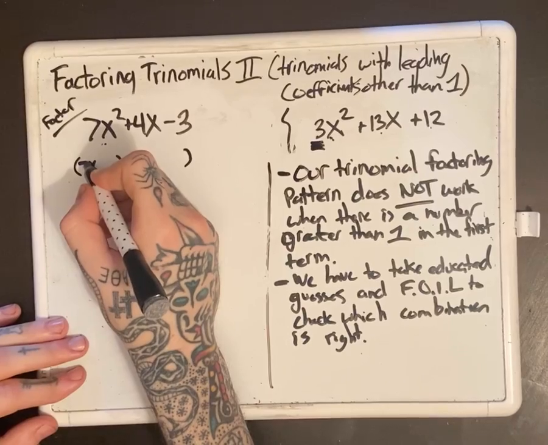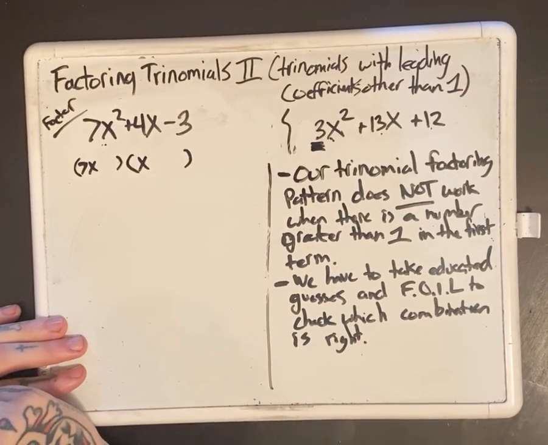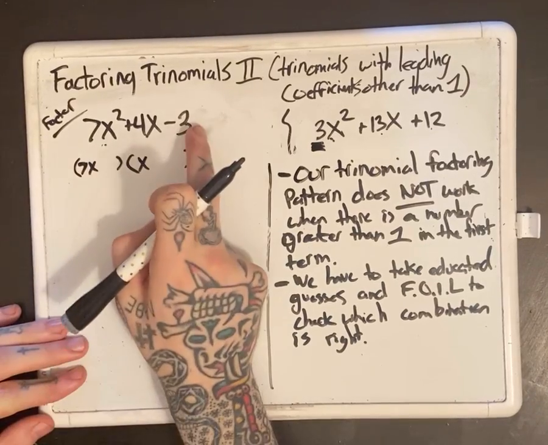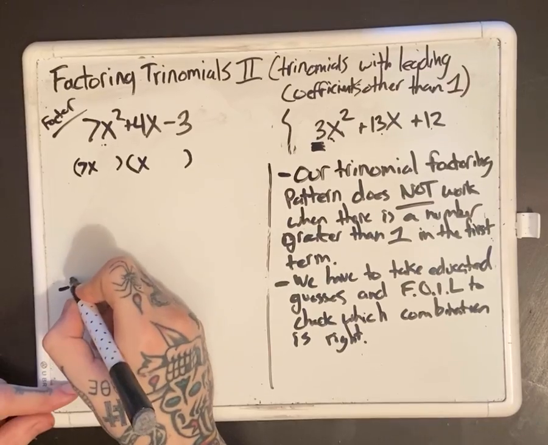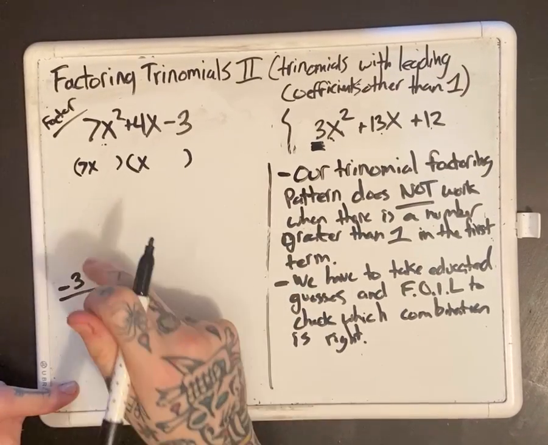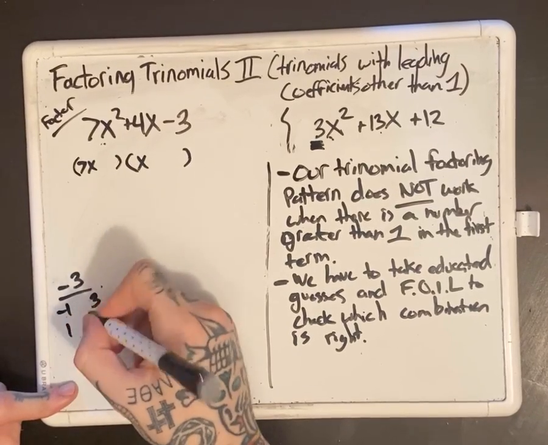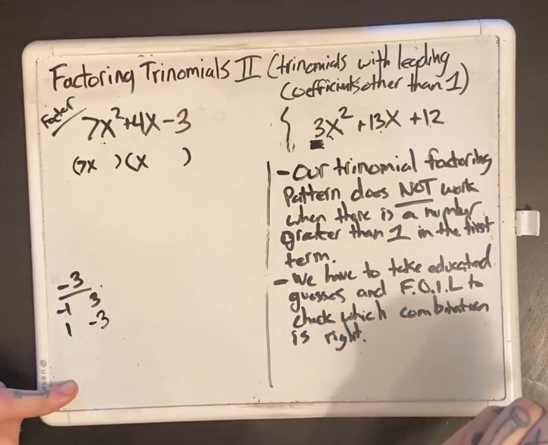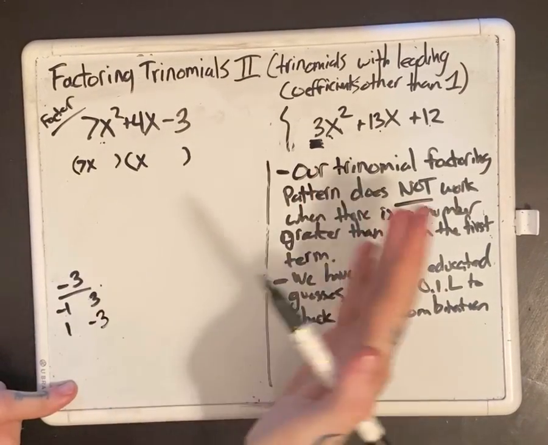So we know one of the terms is going to have a 7 and one of the terms is going to have an implied 1. Now luckily we were given this 3 in the last term. It's negative 3. And there's only two factors of negative 3. It's negative 1 and 3 and 1 and negative 3.